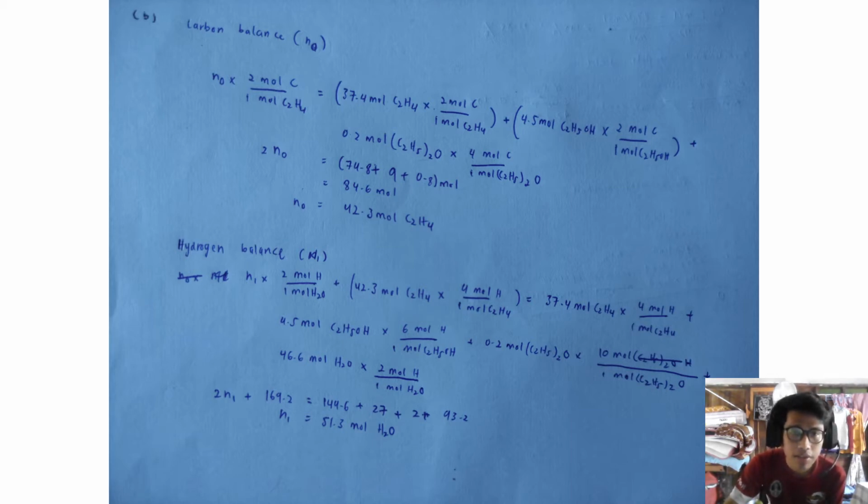Meanwhile, for the hydrogen balance, N1 times 2 mole of hydrogen over 1 mole of water plus 42.3 mole of ethylene times 4 mole of hydrogen over 1 mole of ethylene will be equivalent to 37.4 mole of ethylene times 4 mole of hydrogen over 1 mole of ethylene plus 4.5 mole of ethanol times 6 mole of hydrogen over 1 mole of ethanol plus 0.2 mole of diethyl ether times 10 mole of hydrogen over 1 mole of diethyl ether plus 46.6 mole of water times 2 mole of hydrogen over 1 mole of water.